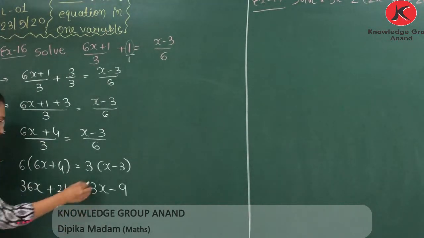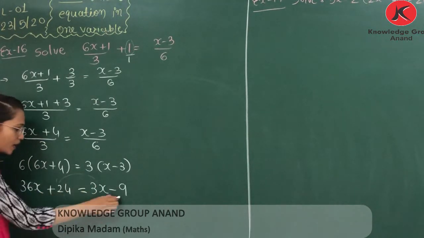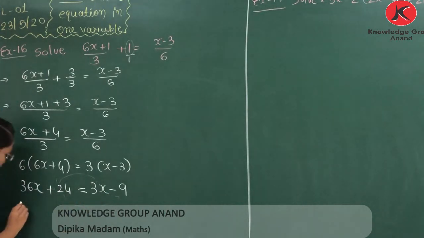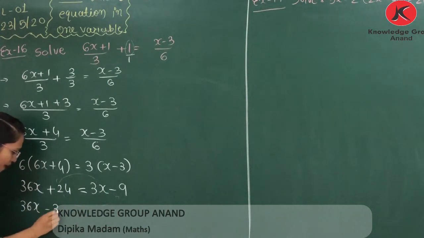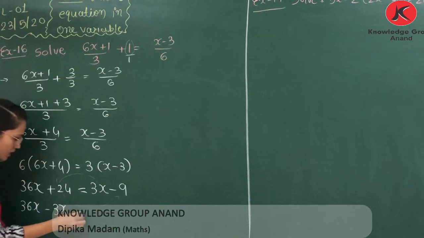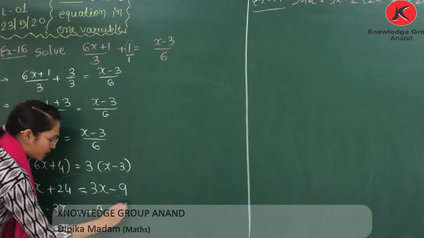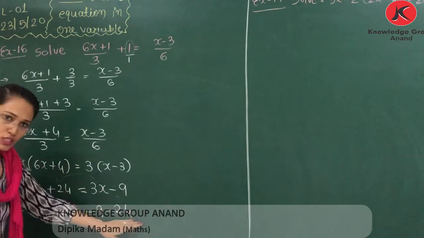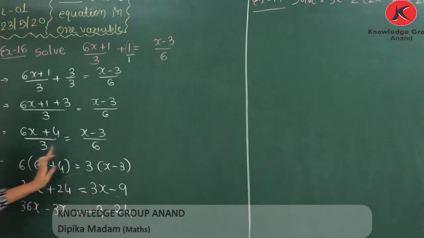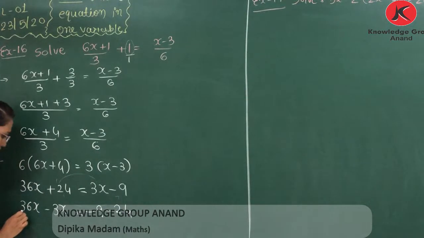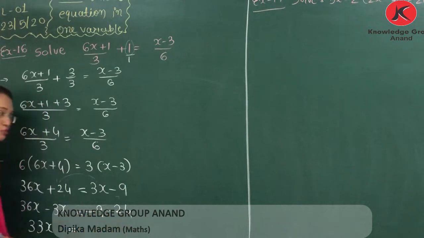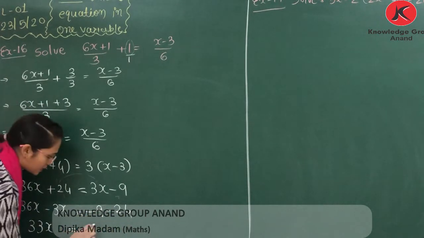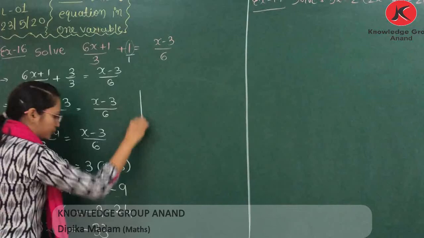Now move the variable on one side and the number on one side. So 36x - 3x = -9 - 24. 24 is positive and becomes minus 24, and 3x is positive and becomes minus 3x. 36x - 3x is 33x, and -9 - 24 means addition of numbers, that is -33.